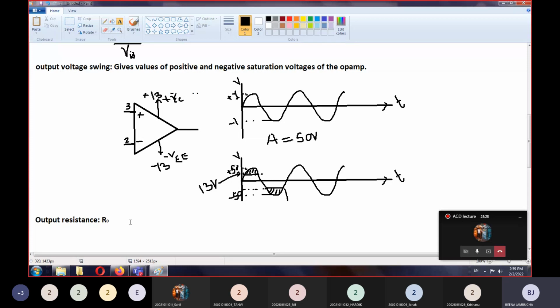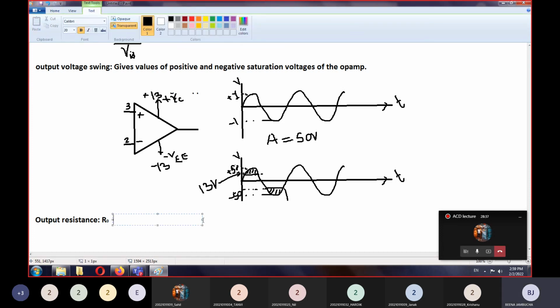For any type of amplifier, our output resistance should be low and our input resistance should be highest. So practically this value should be minimum, and when it is minimum you will get the maximum output.